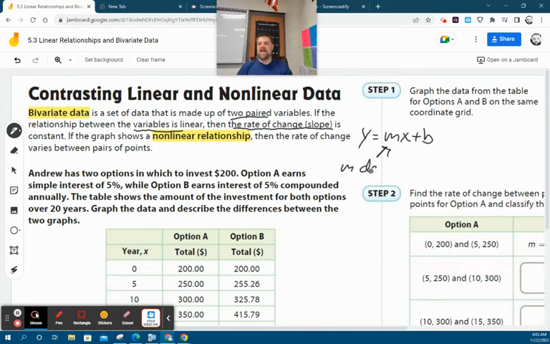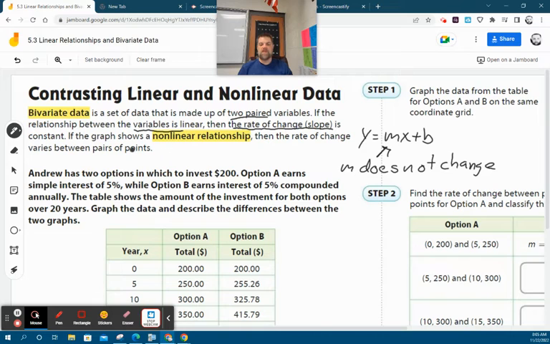M does not change. In other words, your rise over the run remains the same throughout the whole thing. That's why it's a linear function. That's why it makes a straight line. Okay? M does not change. Okay?